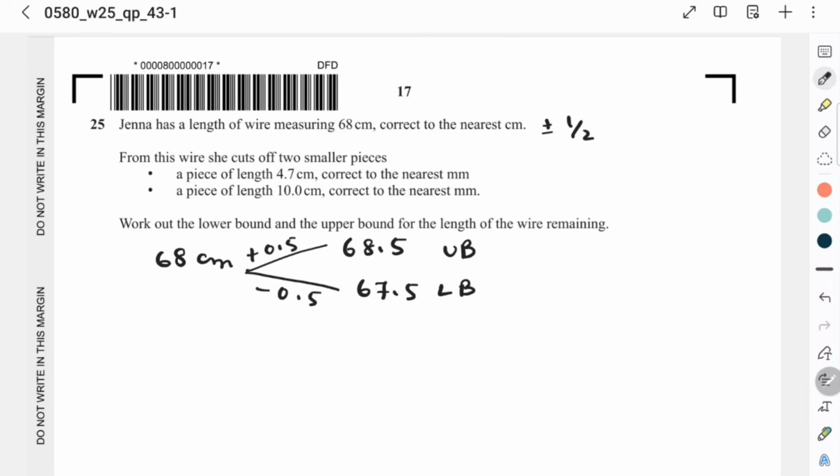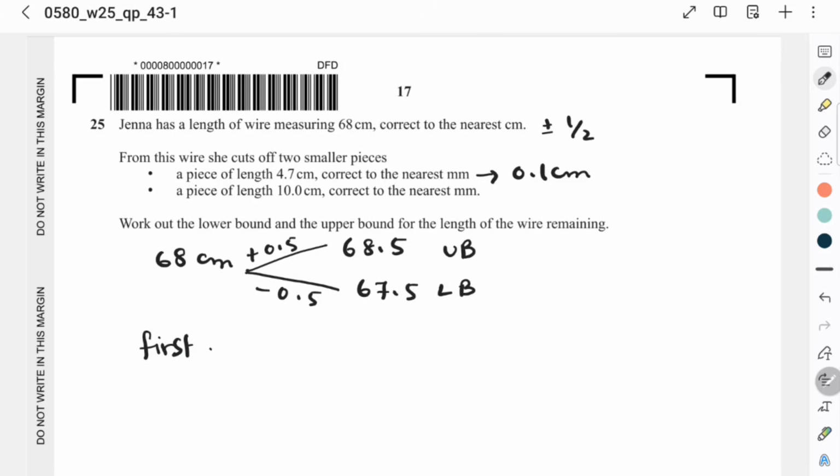Now the total wire was 68 centimeters. From the wire she cuts off 2 smaller pieces, and the first is 4.7 centimeters, correct to the nearest millimeter. So they are different. Nearest millimeter means 0.1 centimeter, because 1 millimeter is 0.1 centimeter.